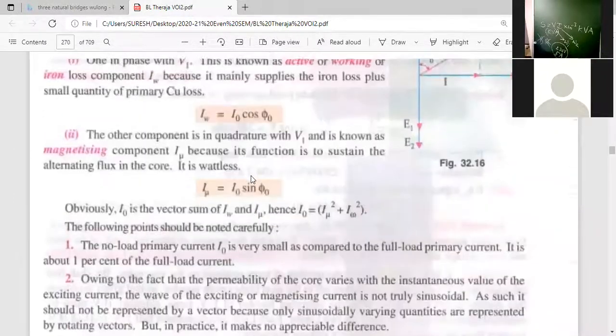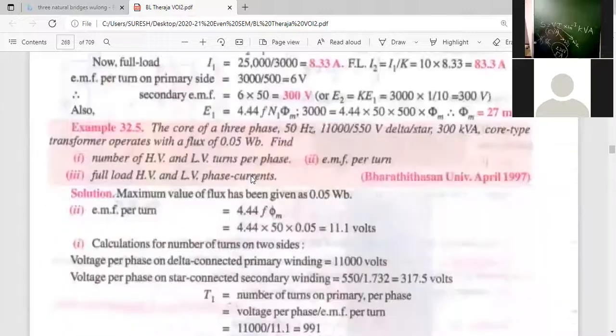Once I find it, I will tell you. That is about the transformer rating in kVA. They'll ask for 2 marks in the exam: why is transformer rating in kVA?